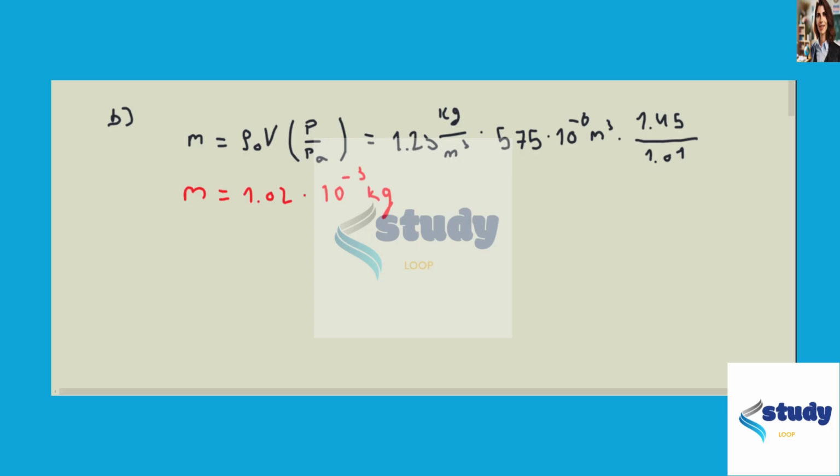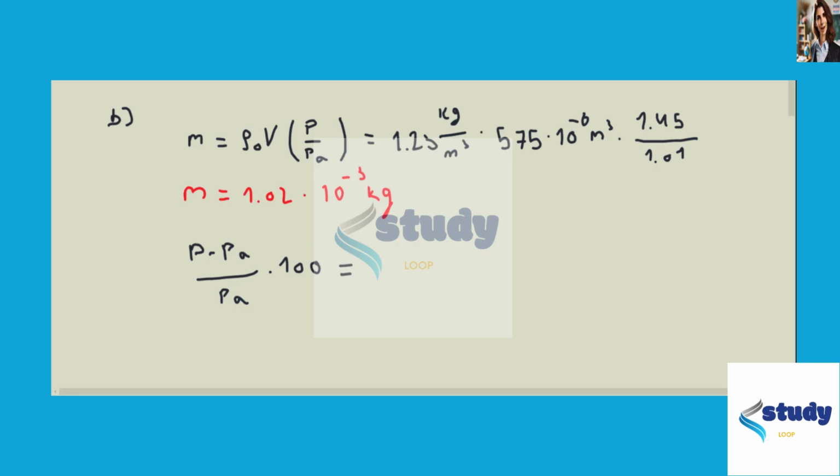And to compare the pressures, we should find the percentages. We should say that P minus PA over PA times 100. This is the standard formula for evaluating percentage differences between two values, in this case P and PA.